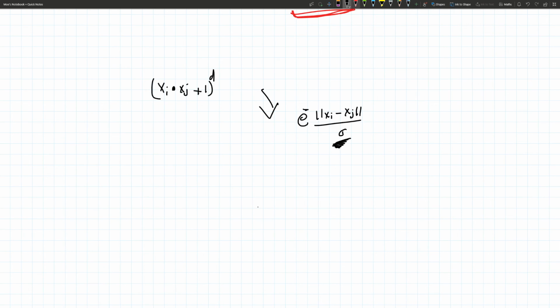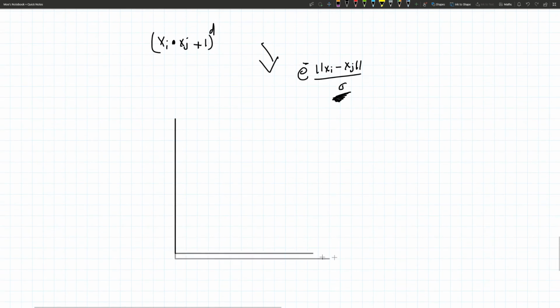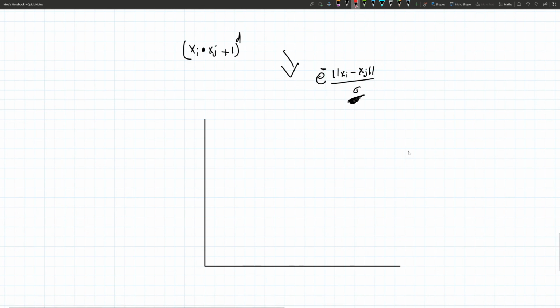So let's draw what we mean by the radial basis function. Let's say we have data points here in the middle. These are the red ones, and then the blue ones are just circling them.